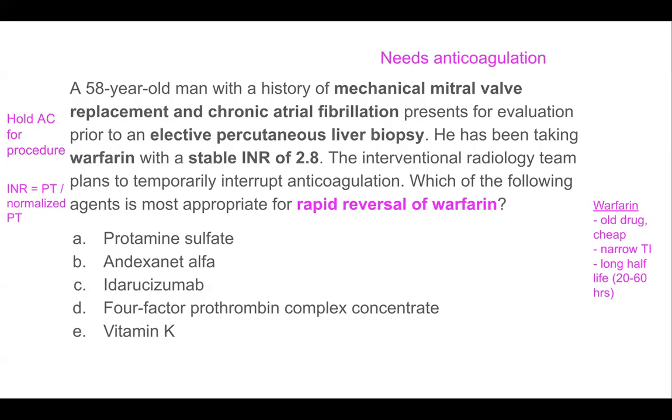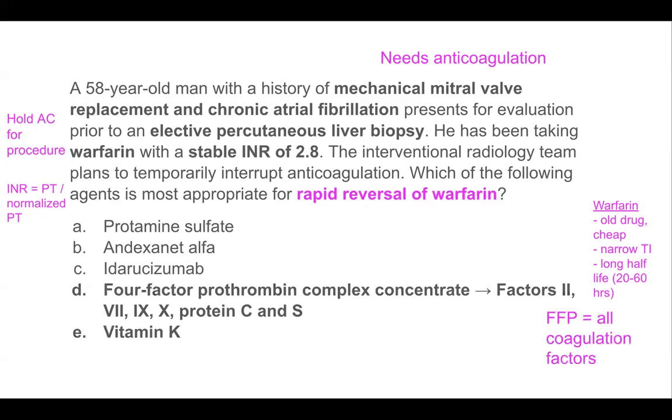So let's look at our answer choices. Protamine sulfate, andexanet alfa, idarucizumab, four-factor prothrombin complex concentrate, and vitamin K. So of these, I would say D and E sound pretty good. Just to remind you, PCC, option D, is something that contains factors 2, 7, 9, 10, protein C, protein S, which sounds a lot like the factors that warfarin impacts.